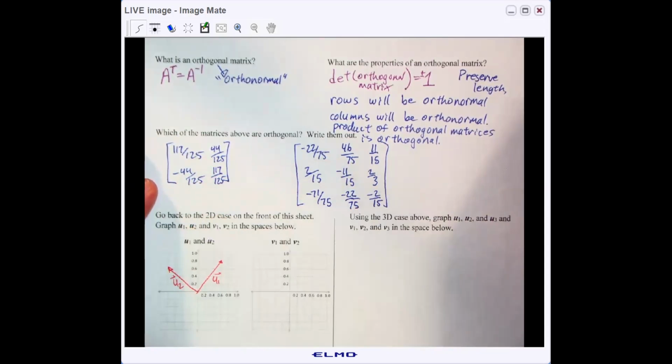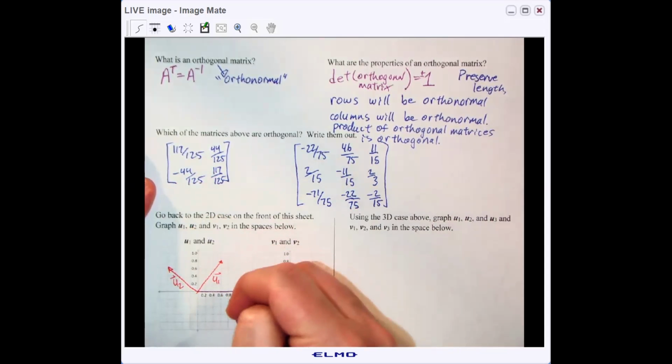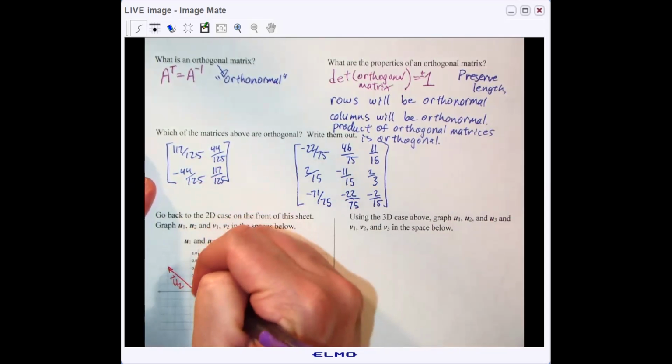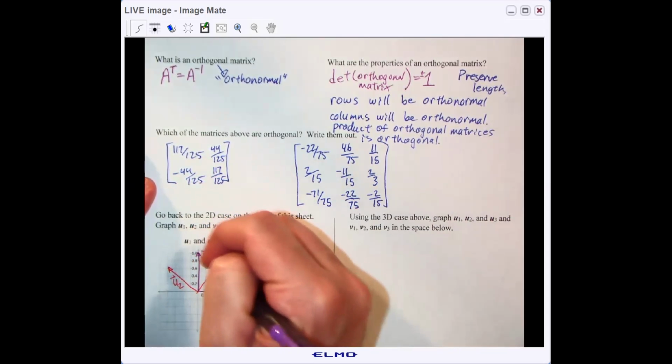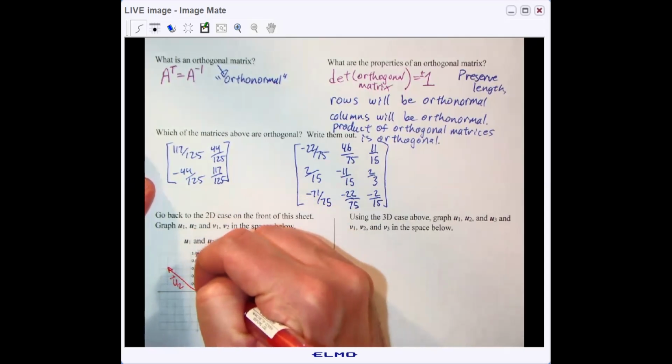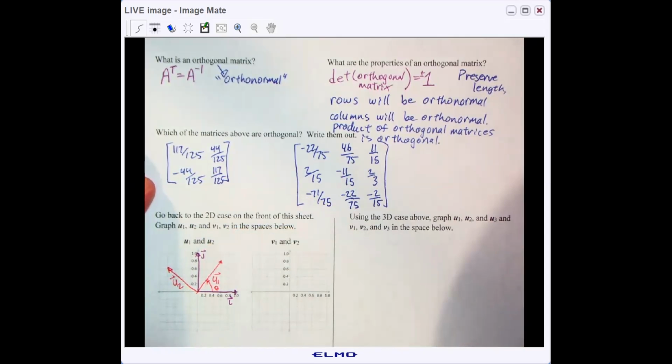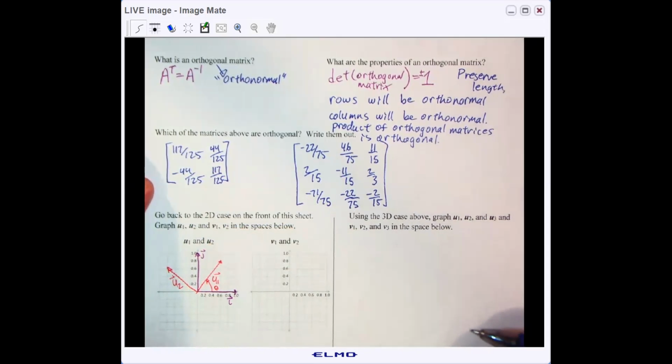If you're careful, you'll notice that here's our I vector and our J vector. U1, U2 just happens to be a rotation of the I and J vectors by this angle theta.